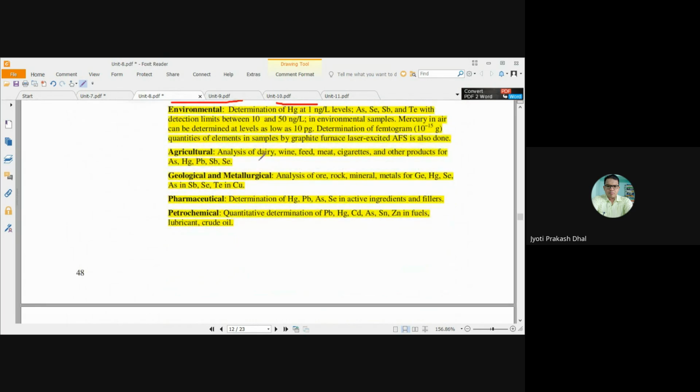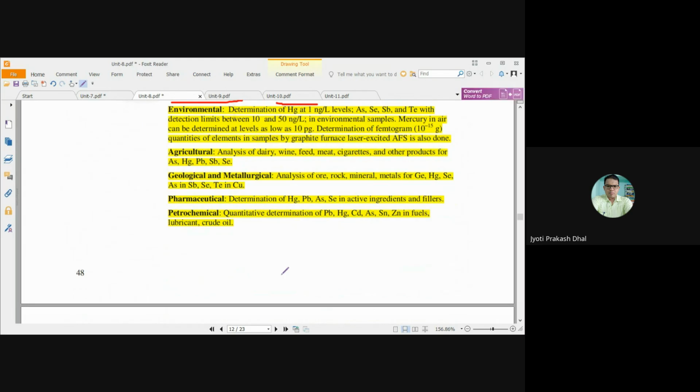For environmental analysis, it is used for the determination of mercury at 1 nanogram levels, and arsenic, selenium, antimony, tellurium with detection limits between 10 to 50 nanograms in environmental samples. Mercury in air can be determined at levels as low as 10 picograms. Determination of femtogram, that is 10 to the power minus 15 gram, quantities of elements in a sample by graphite furnace or laser excitation AAS, AFS can also be done.